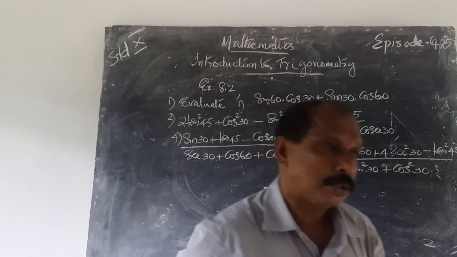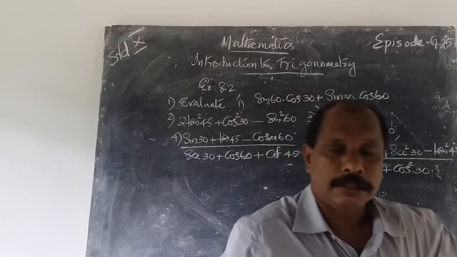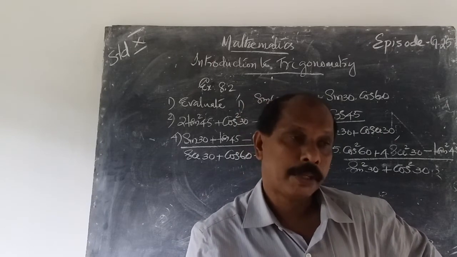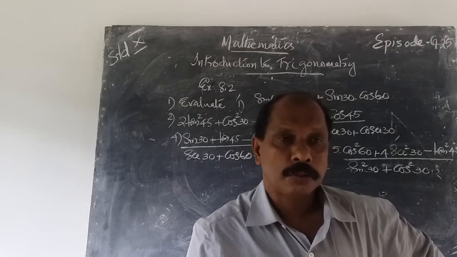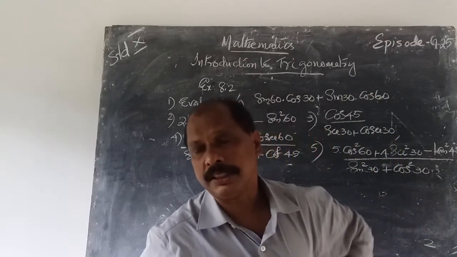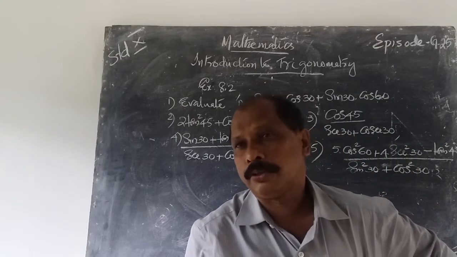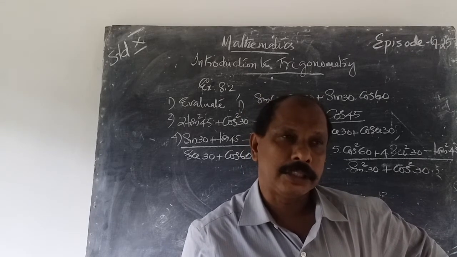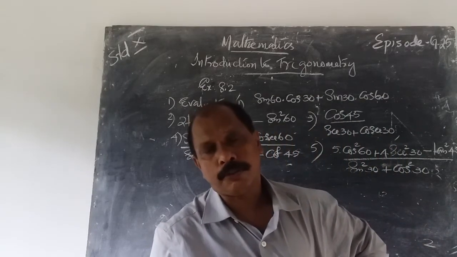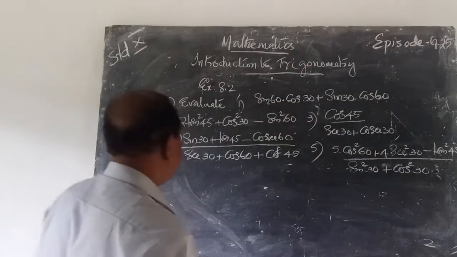Then cos 30 root 3 by 2, cos 45 1 by root 2, cos 60 1 by 2, then tan 30 1 by root 3, tan 45 1, tan 60 root 3, then cosec 30 is 2, cosec 45 root 2, cosec 60 2 by root 3, sec 30 2 by root 3, sec 45 root 2, sec 60 2, cot 30 root 3, cot 45 1, cot 60 1 by root 3. These are the values.